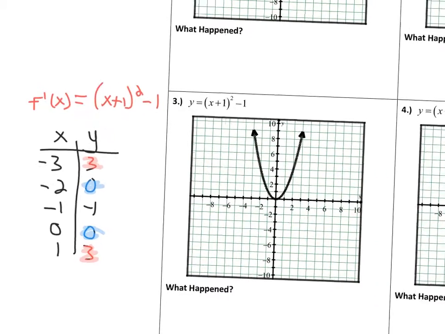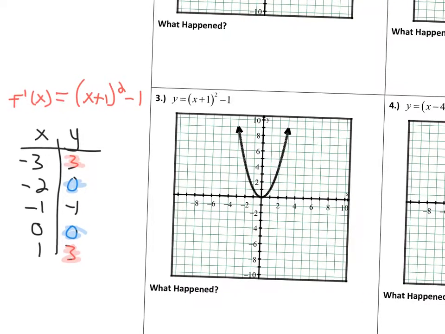On your graph we're going to plot -3, 3. At -3 we're going to go over 1, 2, 3 to the left, and then up 1, 2, 3 with our y. Then -2, 0. That's -2 on your x, 0 on your y. Good.